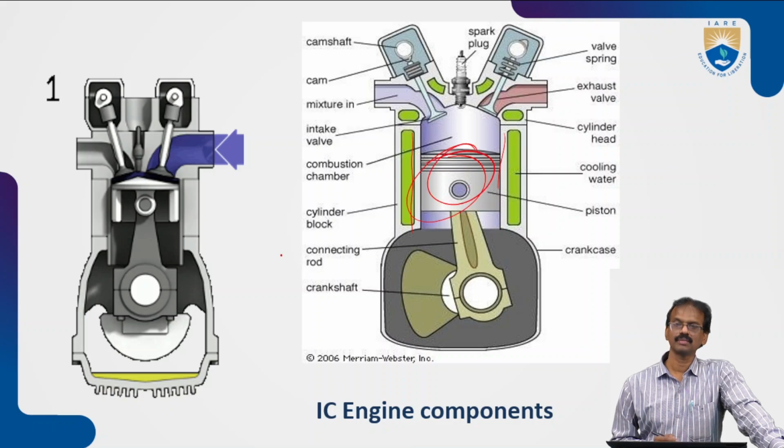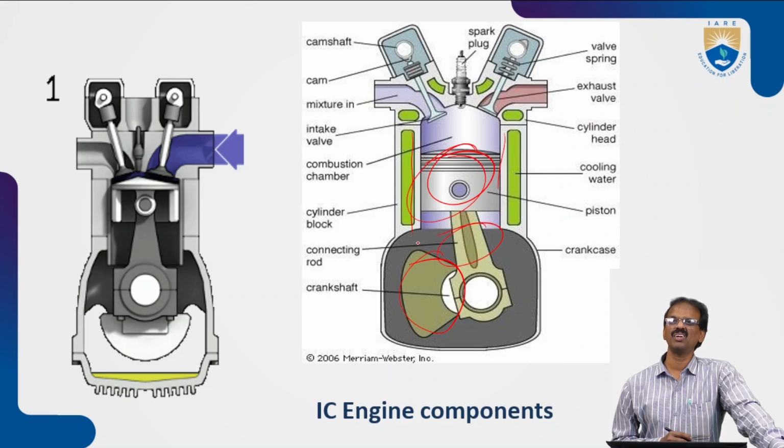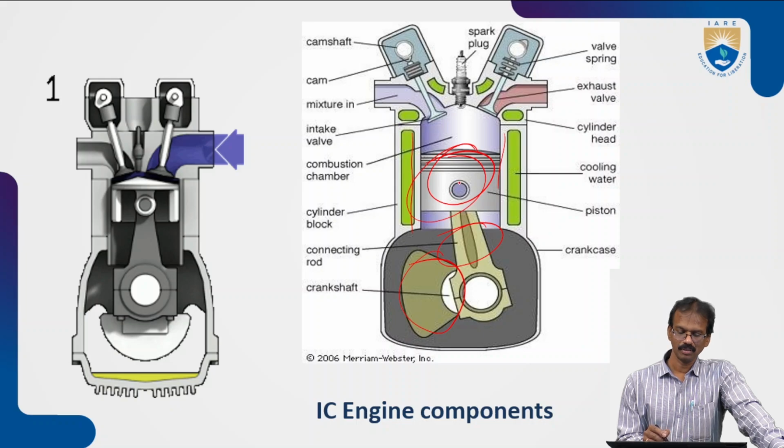This piston is connected to the crankshaft by the connecting rod, with the help of the gudgeon pin. Here we can see the BDC and TDC, which we'll see later also.